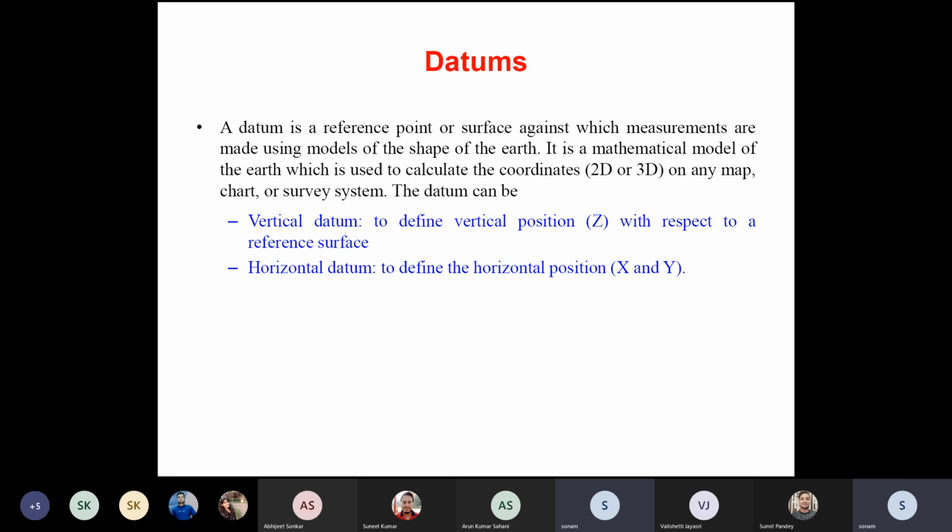In that case, the accuracy of the missile has to be extremely precise, so that only the target gets destroyed and the surrounding innocent people are not killed. Using the exact position is possible with the help of all this information, the ellipsoid, this datum and other things.